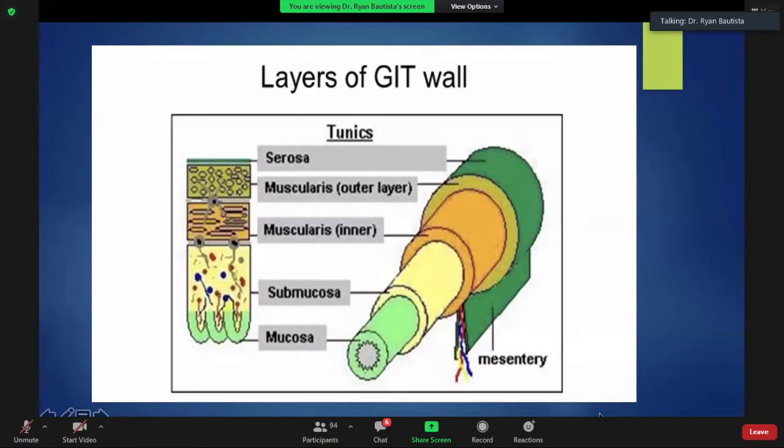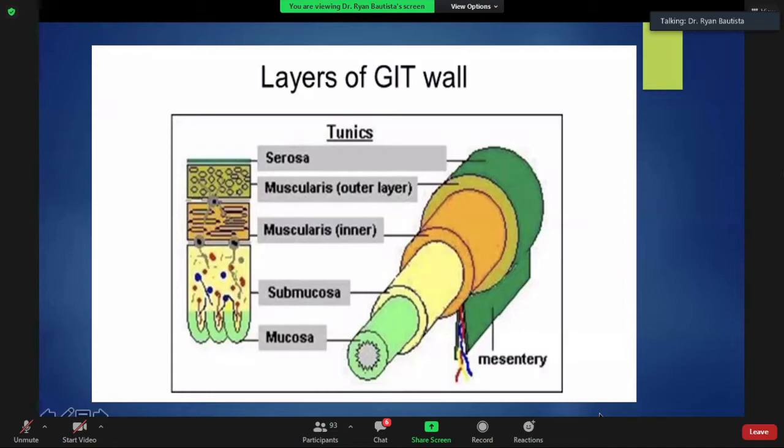How to distinguish the two? The outer layer of your intraperitoneal organ is covered by a serosa. So when they quiz you in anatomy, when you see a serosa there, it means that that portion of your GI tract is inside of your peritoneum.